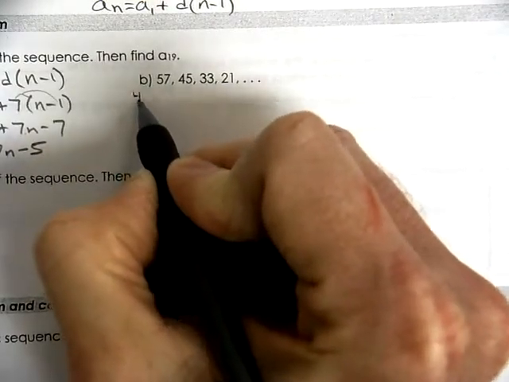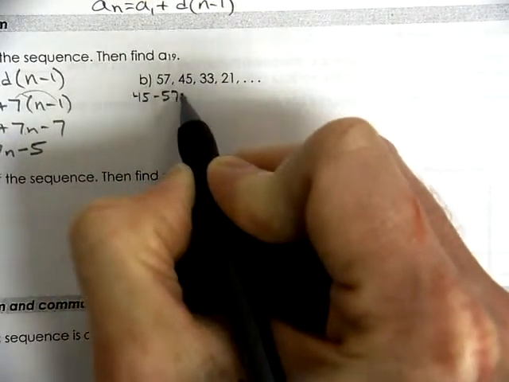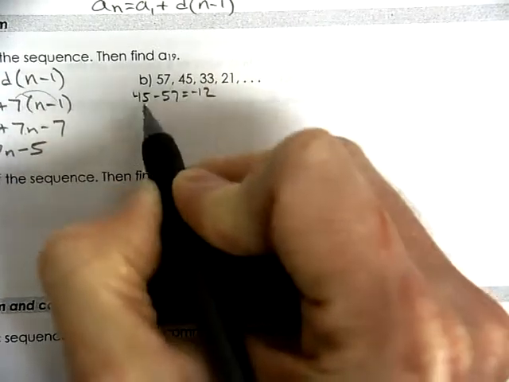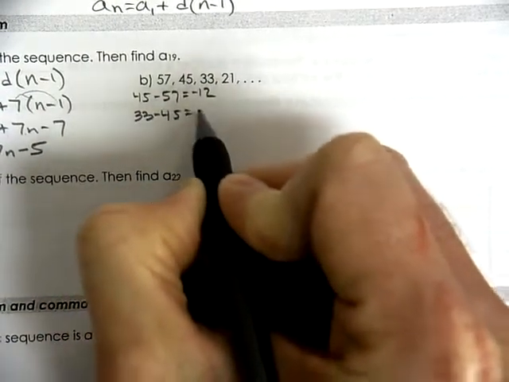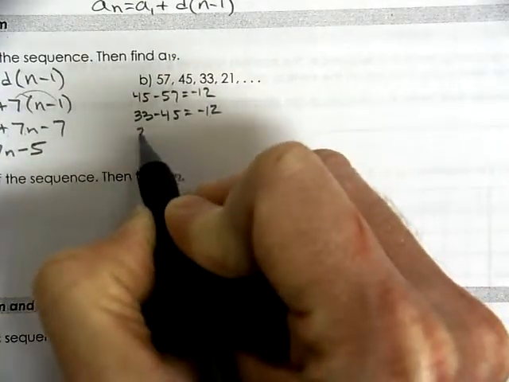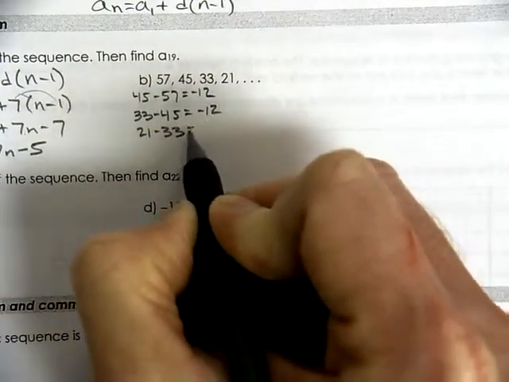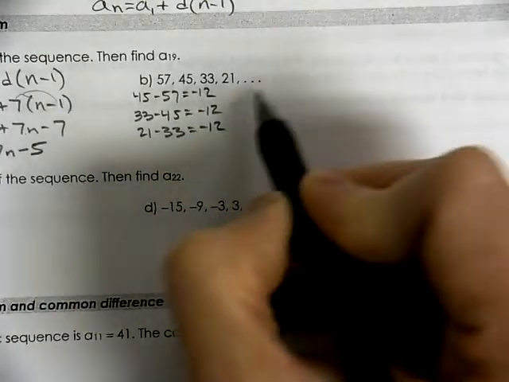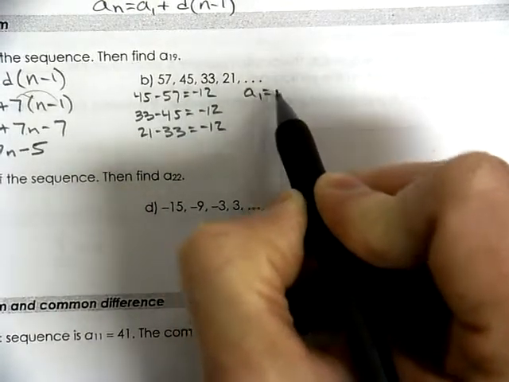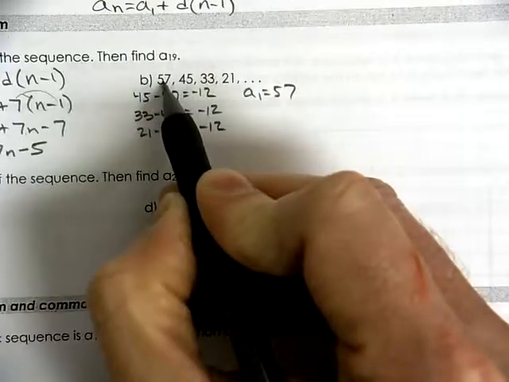We're going to take a term minus the one before it. So we get a common difference. So we know our first term is, of course, 57.